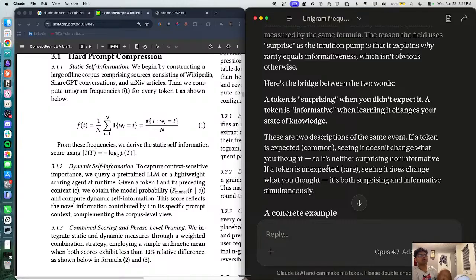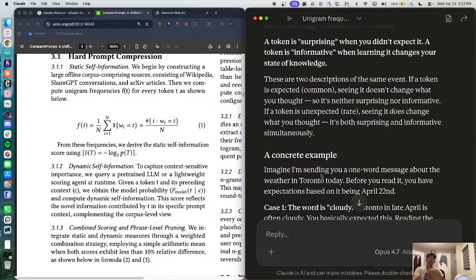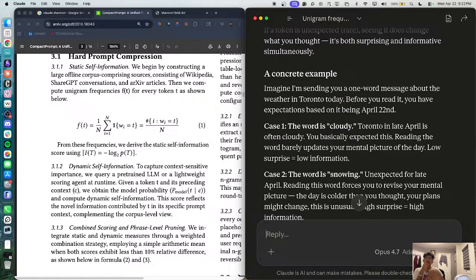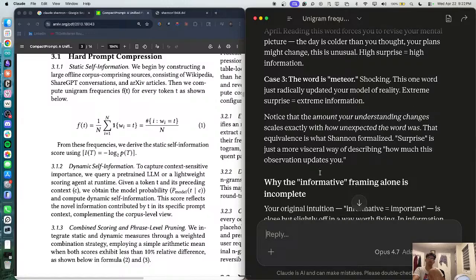But this is flawed a bit, no? Because if a token is expected, then wouldn't it mean that it's needed within the text? Okay, that's a little tough.